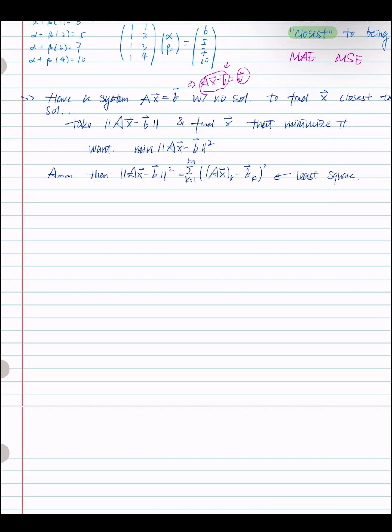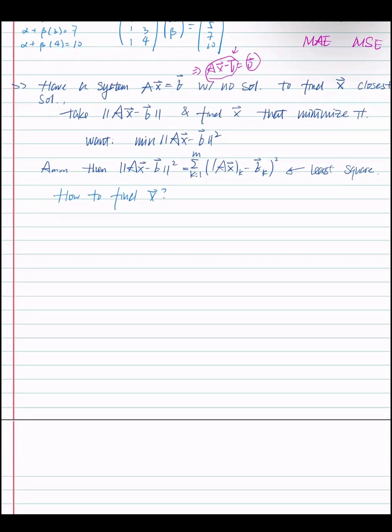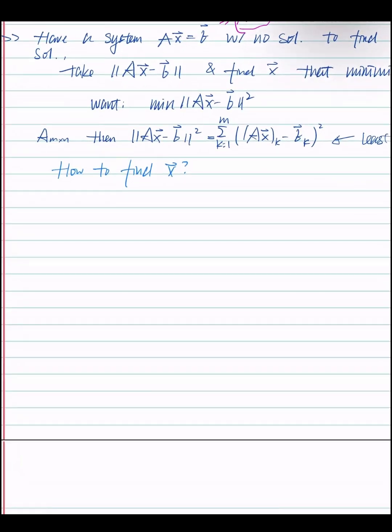Now we want to actually find the x. So how do we find the x? Let's consider all x in the vector space. After the mapping, they will all be mapped to our output vector space.